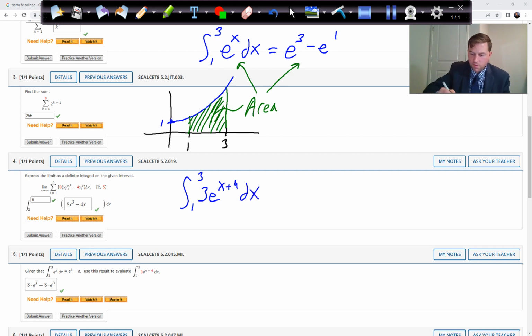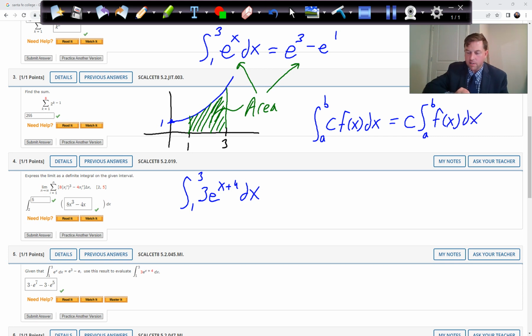Well, there are many useful things about definite integrals, and that is if I have the integral from a to b of a constant times my function times dx, we can pull the constant out of the integral, just evaluate the integral, and then multiply by that constant. So we are going to use that, and we're going to pull out that 3. E to the x plus 4 dx.